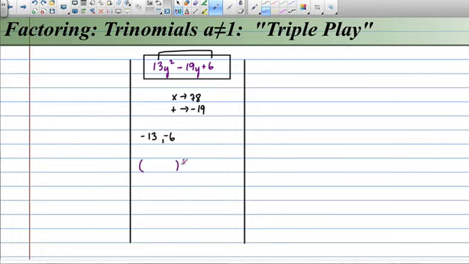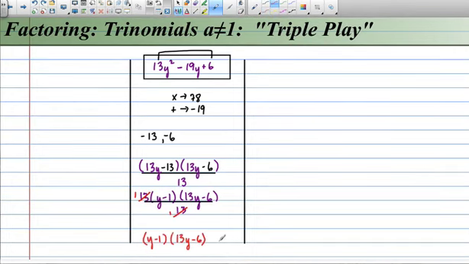Set up the brackets. Use the 13y and 13. Place those magic numbers in the brackets. Take out a common factor of 13. Cross off the 13, and you're left with the factors.